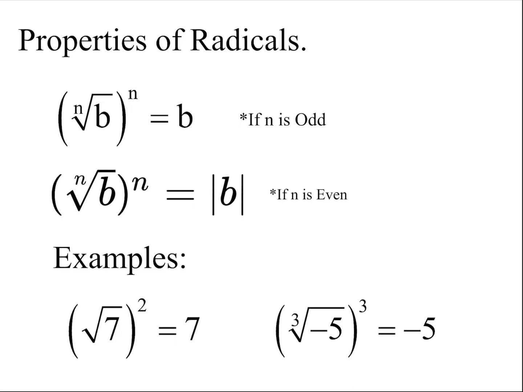Now if n is even, so I'm taking the square root, I'm going to get the absolute value of b.